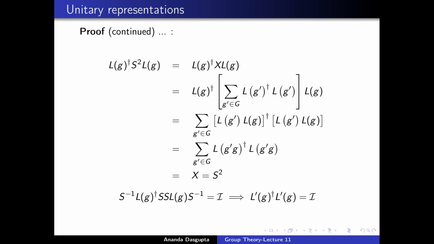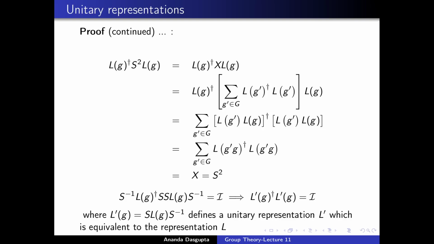What that means is that the L prime g operators are unitary operators, and because they are similar to the original L_g's, L prime will define a unitary representation which is equivalent to the representation L. So this concludes our proof that for a finite group, each and every representation is equivalent to a unitary representation.